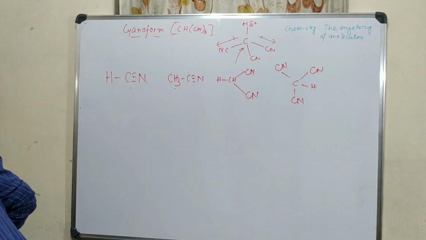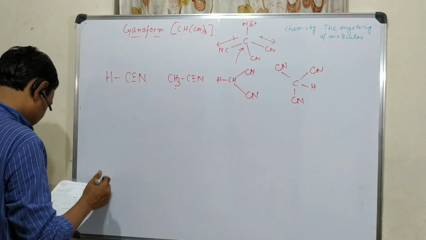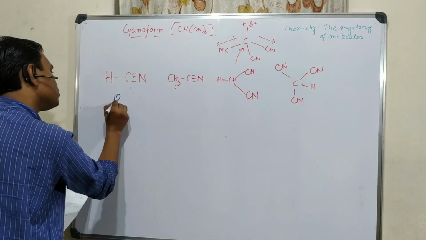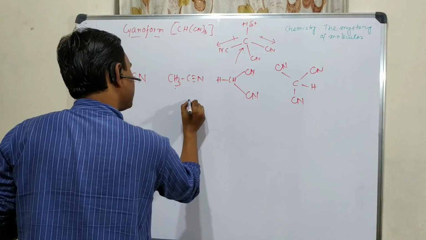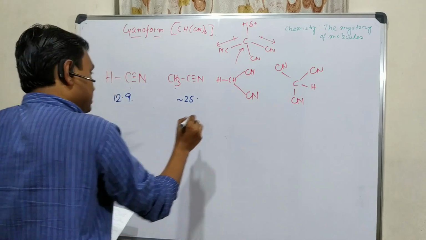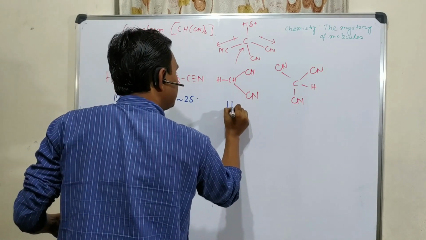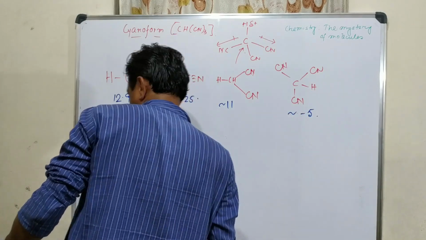So if we check the pKa, HCN is 12.9, acetonitrile around 25, malononitrile around 11, and this around -5.